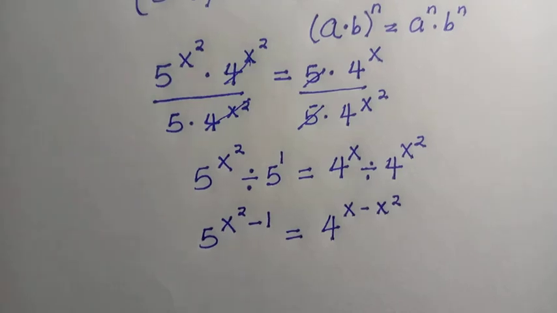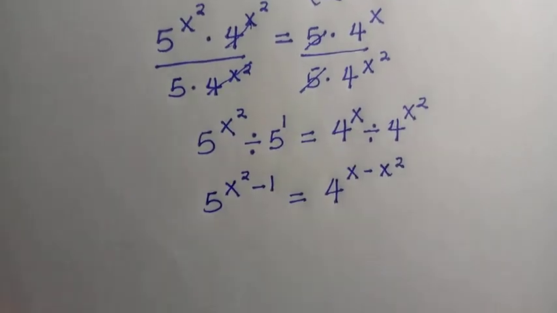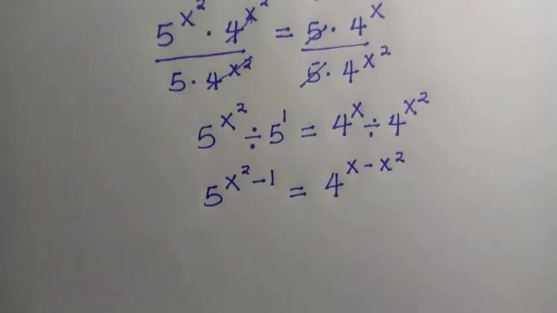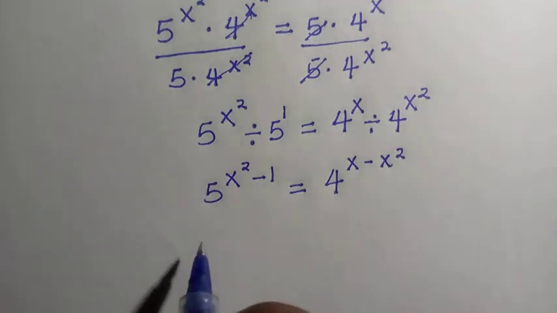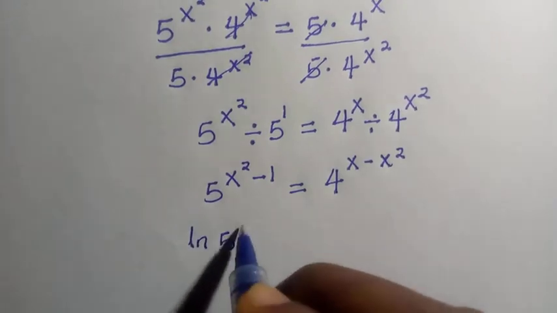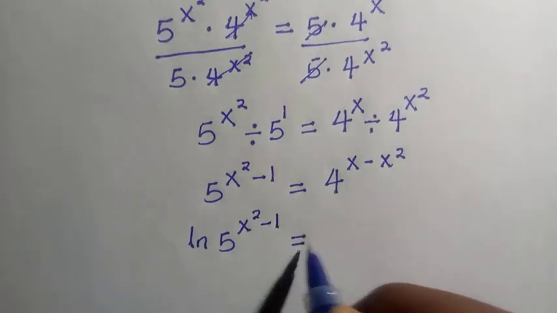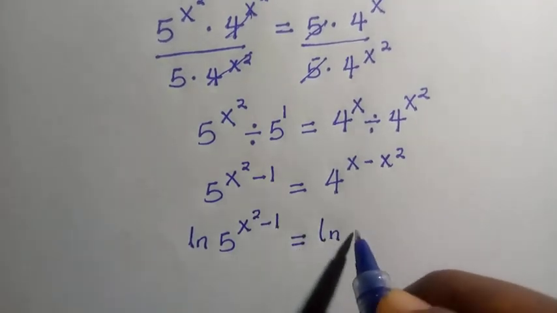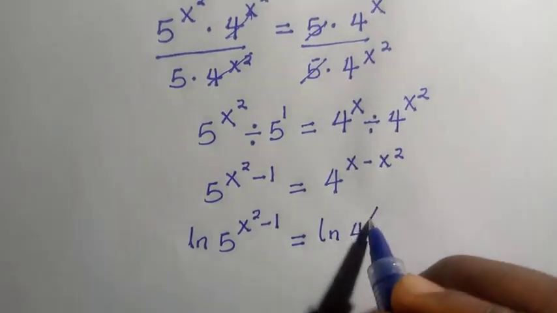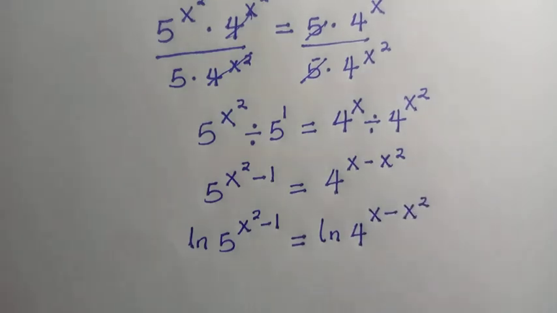And if this is what we have at this stage, we have to introduce logarithm to get the value of x. So suppose I consider the natural log of 5 to the power of x squared minus 1 equals natural log of 4 to the power of x minus x squared.